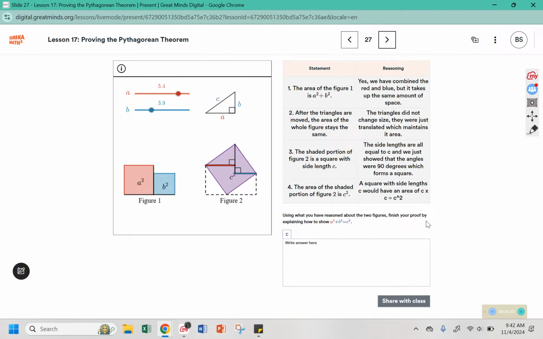So using what you have reasoned about the 2 figures, finish your proof by explaining how to show a squared plus b squared is c squared. We cut up the red and blue squares and translated to form the purple square.